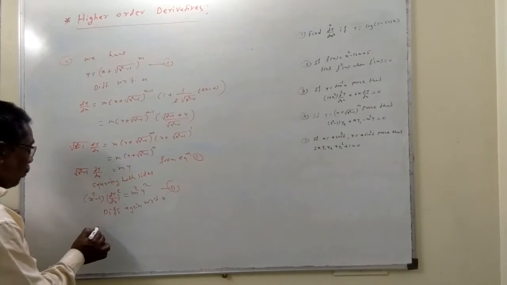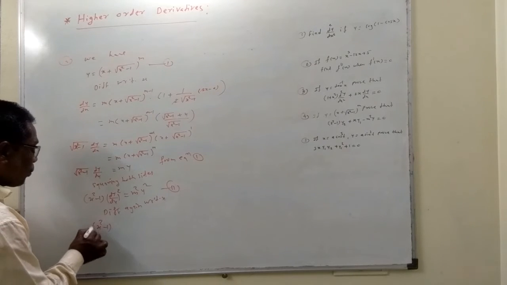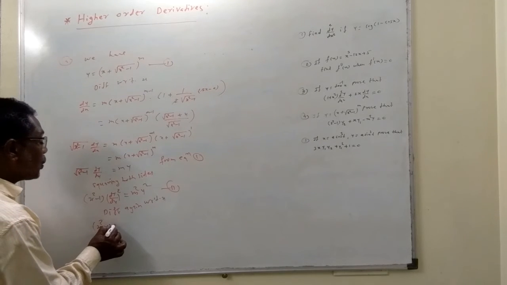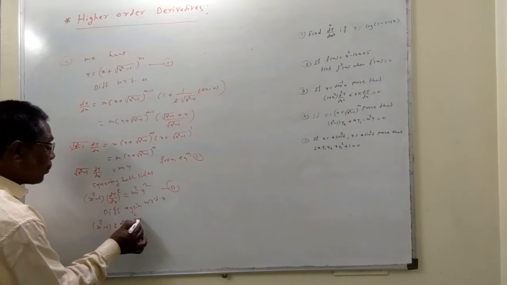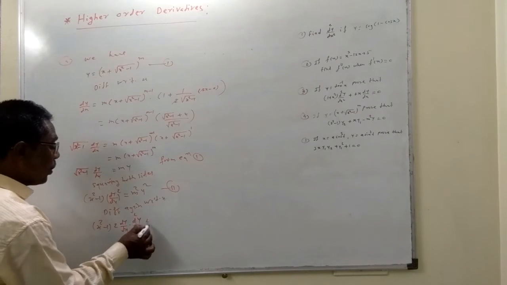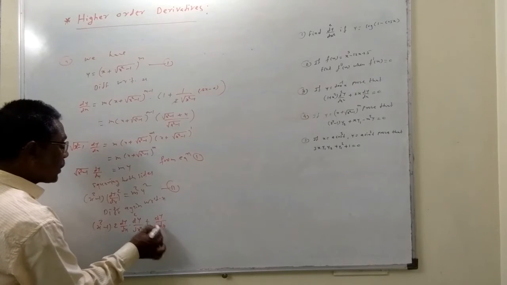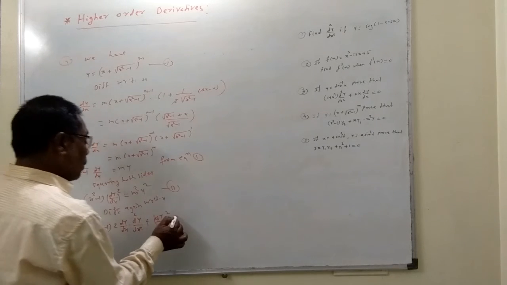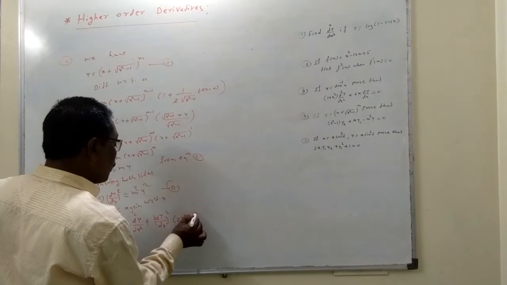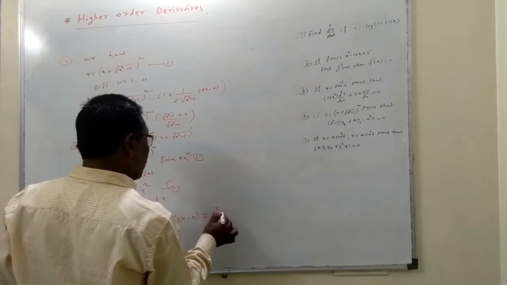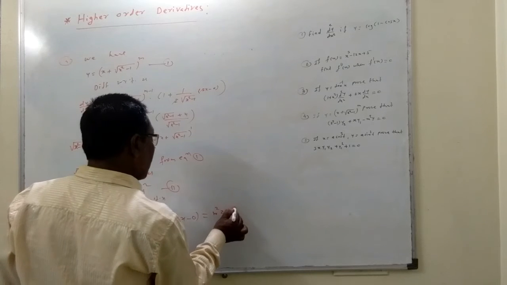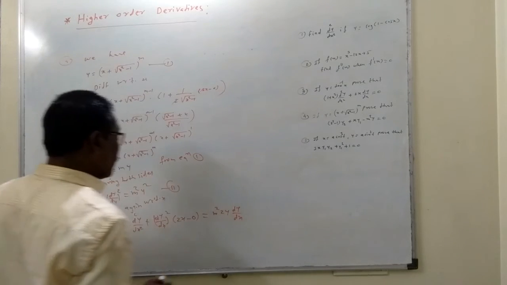So the product formula will be used here. So x square minus 1 constant, derivative of this, 2 into dy by dx, and derivative of dy by dx with respect to x, d2y by dx square, plus dy by dx bracket square constant, derivative of x square is 2x, minus 1 is 0, is equal to m square constant, derivative of y square is 2y and y with respect to x dy by dx.